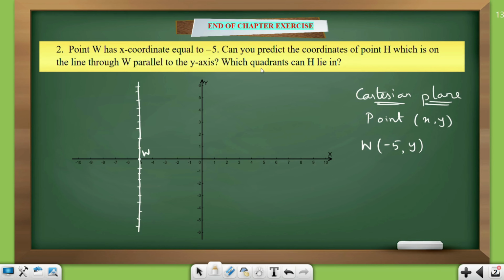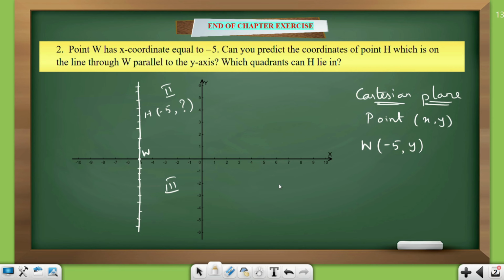Since they mentioned that it is parallel to the y-axis and passing through W, we can say that H also has the same x value of -5, but the y value is still unknown. So it can be either in the second quadrant or in the third quadrant, but we can't fix a particular quadrant.